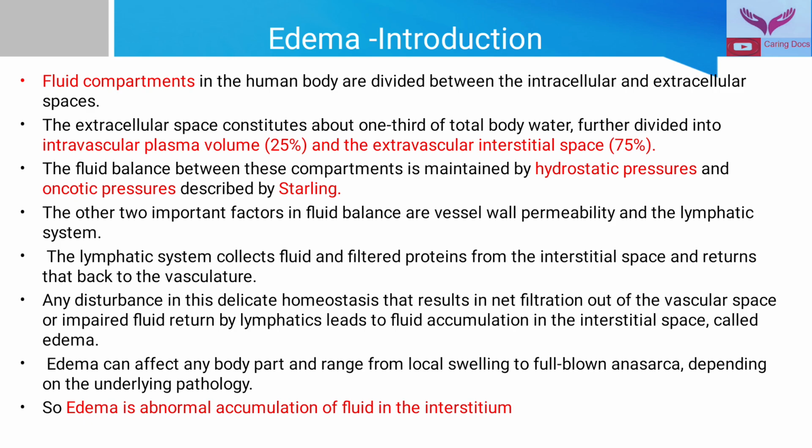Any disturbance in this delicate system results in net filtration out of the vascular space or impaired fluid return by the lymphatic vessels, leading to fluid accumulation in the interstitial space, leading to edema. Edema can affect any body part and can range from local swelling to full-blown anasarca depending on the underlying pathology. We can define edema as abnormal accumulation of fluid in the interstitium.